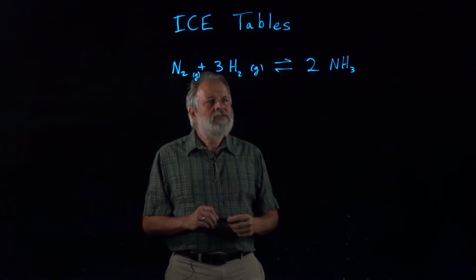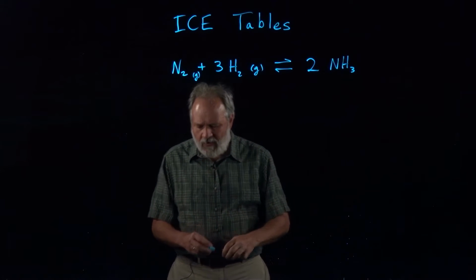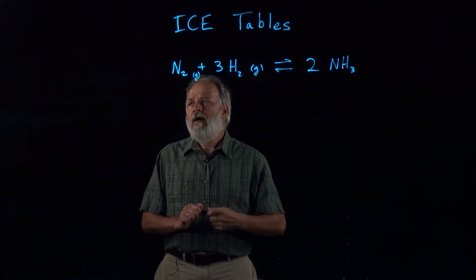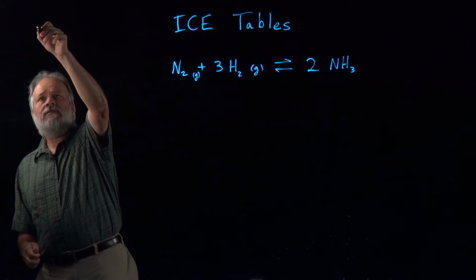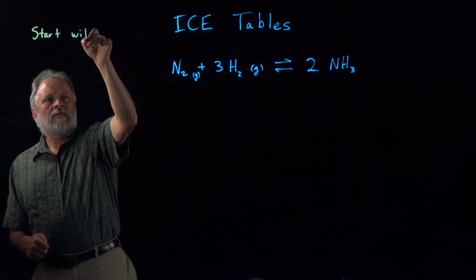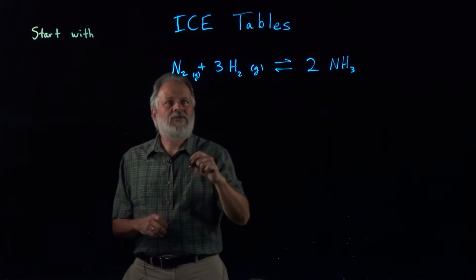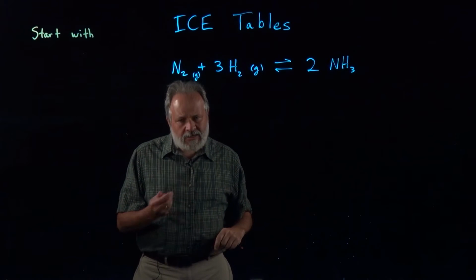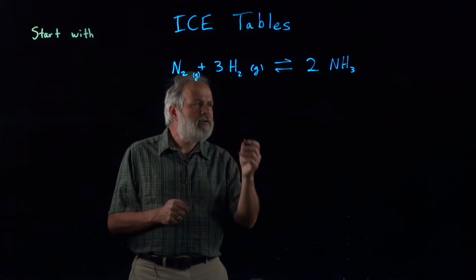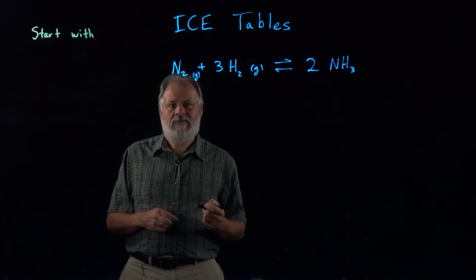And so we're going to look at a problem. Let's say we're going to put start with, okay, so start is initial. All right, and so we're going to write down how much nitrogen and hydrogen and ammonia we have to start with.